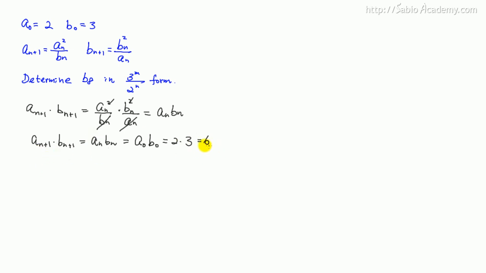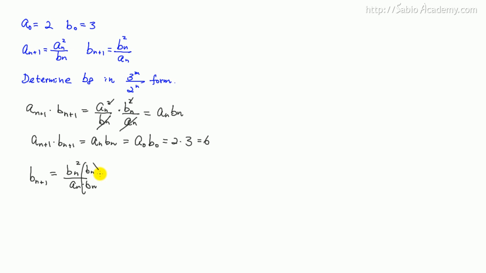So, armed with this knowledge, can we rewrite this somehow? Since we want to know b sub 8 here, I would like to rewrite the b sub n plus 1 sequence here and see if I can make an improvement to make my life a little easier. Originally was this, right? Okay, then what kind of improvement can I make? Well, if I know that this a sub n times b sub n is 6 here, then I will just multiply by b sub n and b sub n.